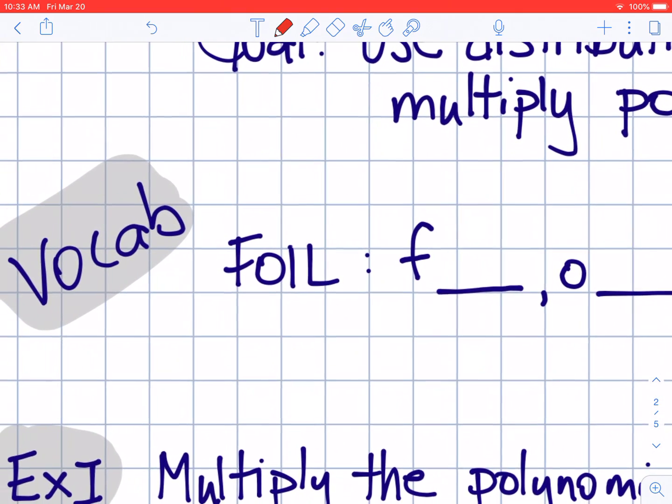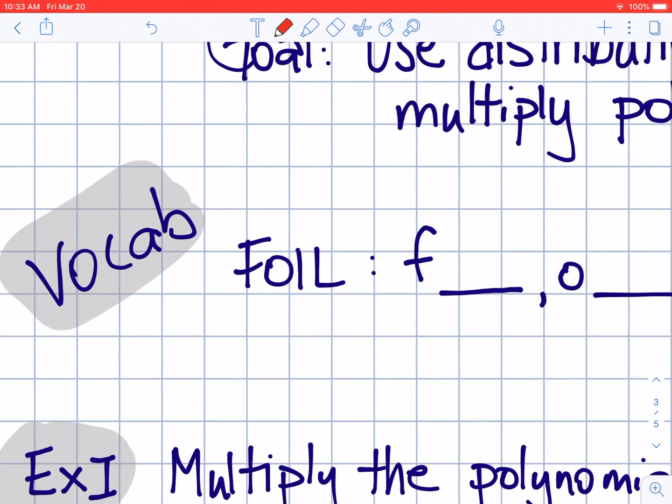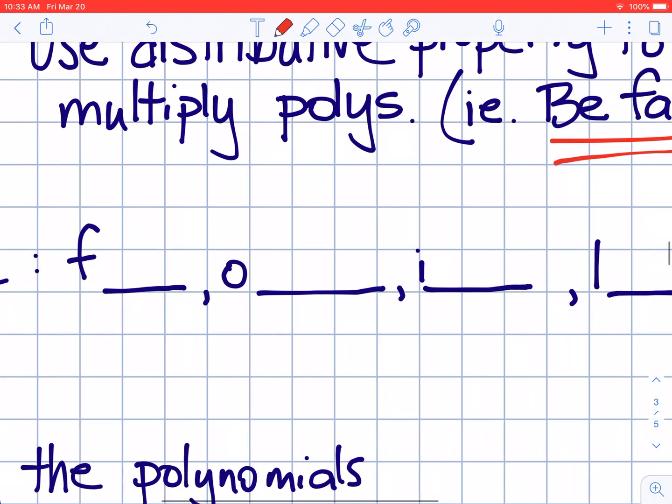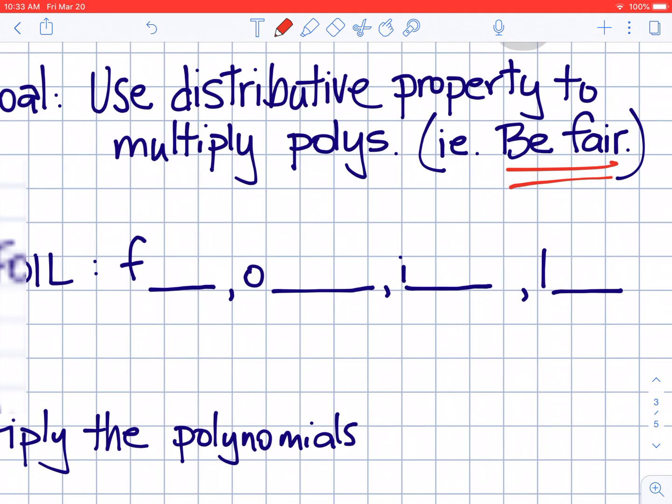Today I'm going to be using a technique, a vocab word called FOIL. Those letters, F-O-I-L, each stand for a position or word in the polynomial. The F stands for first, the L stands for last, and the O stands for outside.